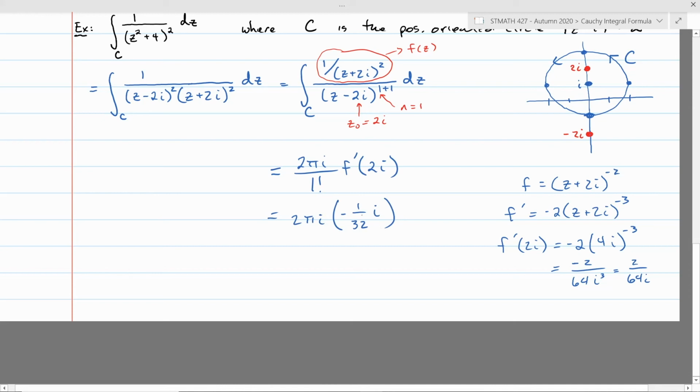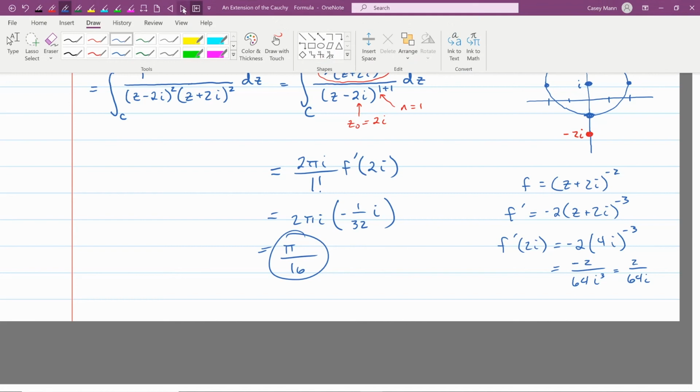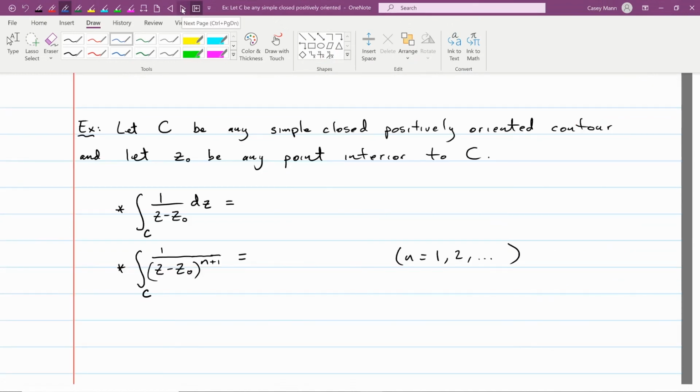And then we get an i times an i, so there's another negative, so the negatives cancel. So it looks like I'm going to get pi i over 16. No, I forgot, I multiplied the i off, so it's just pi over 16. Pi over 16. There we go. So that's how you can use it, just in computation of integrals. A couple of examples. Oh, here's kind of a nice example.